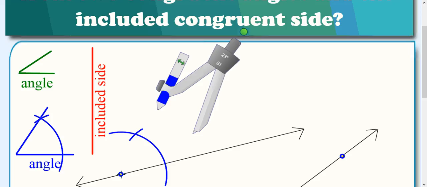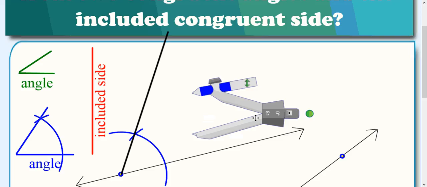And then draw the other side of that angle. So we've got the angle. We need the other angle, but we also need the included side. So we're going to do the side next. Go in order. Angle, side, and then angle.